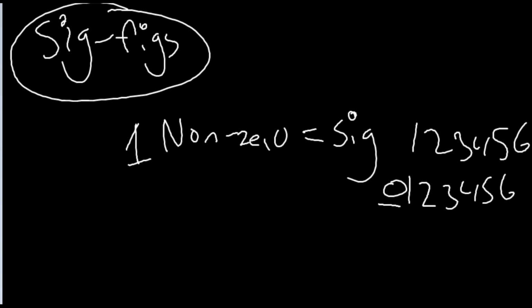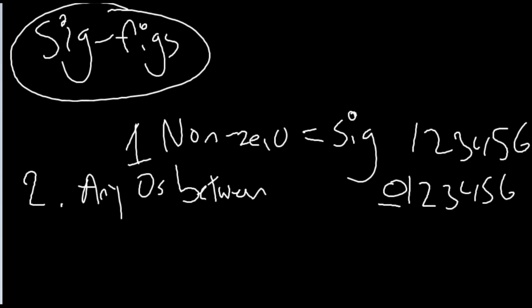So now, the second rule. Any zeros between two significant figures are significant.